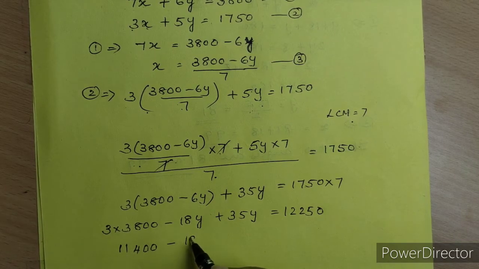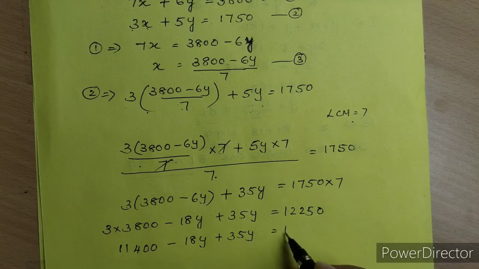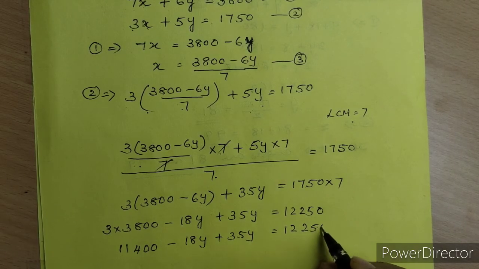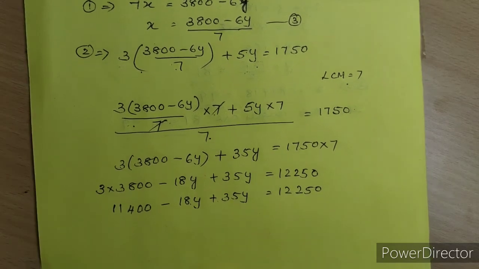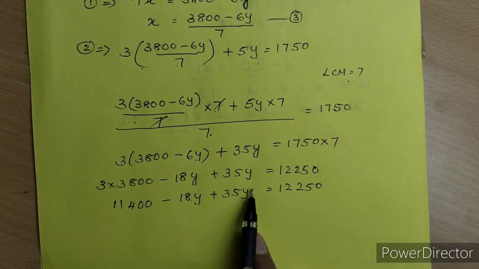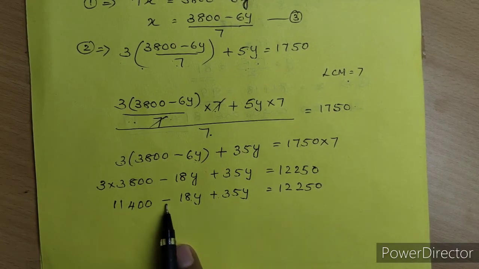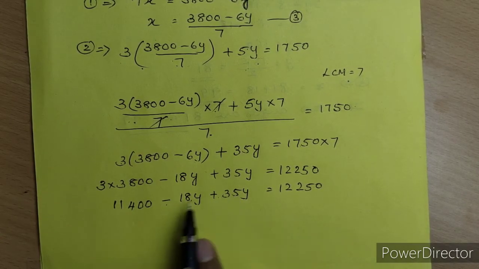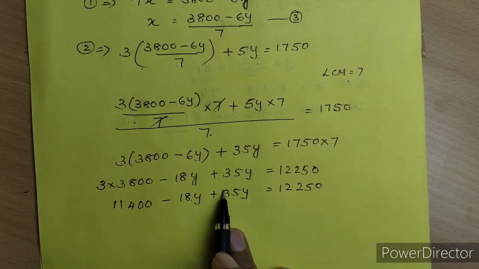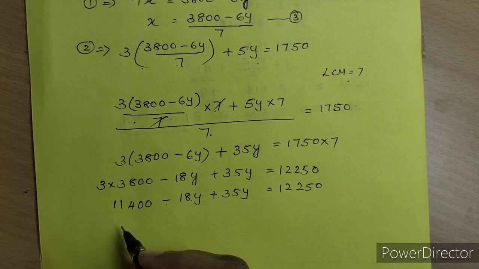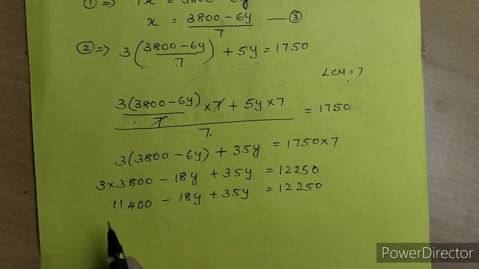Minus 18y plus 35y equals 12,250. Now the y values, minus 18y plus 35y. Both are y terms only. One is negative and one is positive. You should subtract and put the greater number's sign. The greater number is 35, which is positive, so put a positive sign. This 11,400 you can take to the other side.